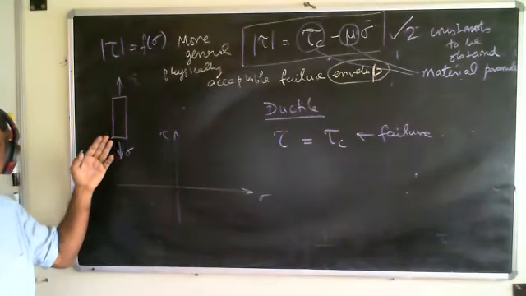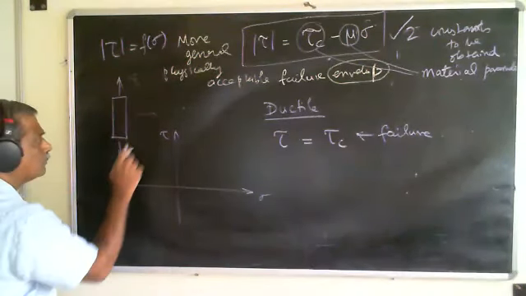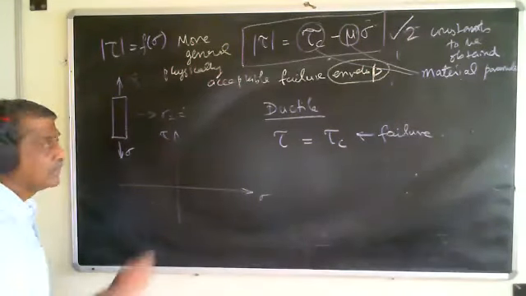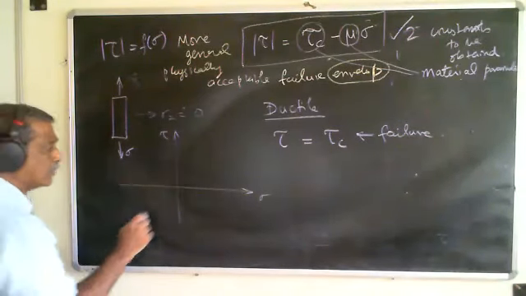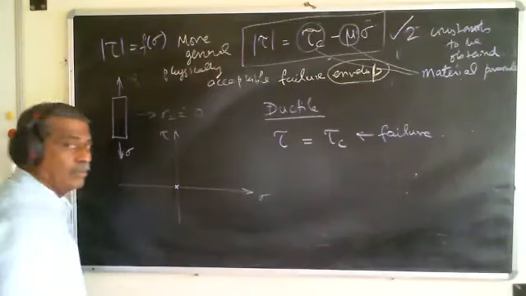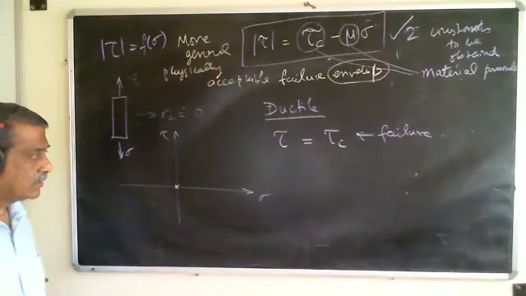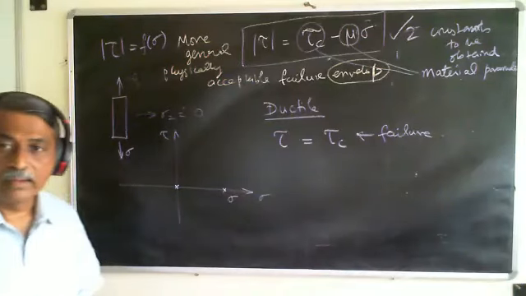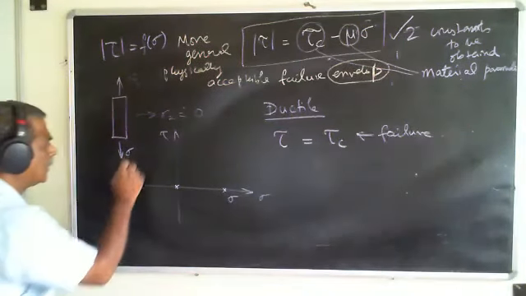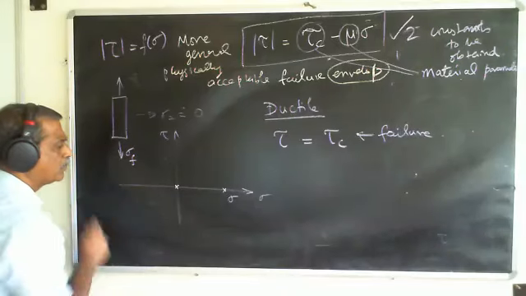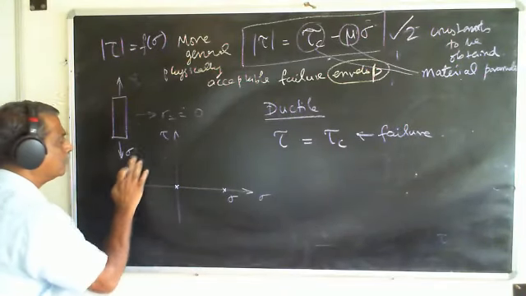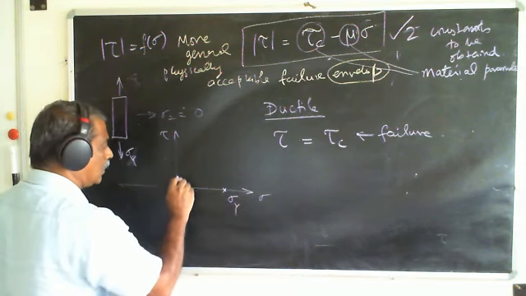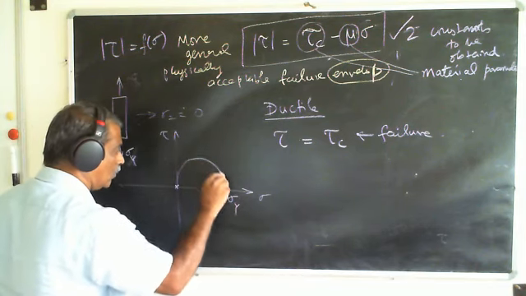What else can I gather from this? I know that if this is sigma 1, sigma 2 is equal to 0, and this is sigma. So one of the points is on this, the other is on sigma. Let's say this is at failure, so I'm going to put it as sigma f or sigma y. So this is sigma y, and the circle that I can draw will be something like this.